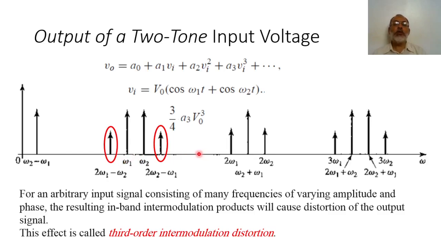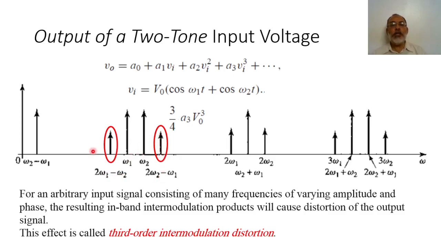So if I am going to use a band pass filter to select the original signal, usually these two components are taken into consideration. And these two components represent the intermodulation distortion. There is intermodulation between signal 1 and signal 2 to introduce new frequencies, which are 2 omega 1 minus omega 2 and 2 omega 2 minus omega 1.